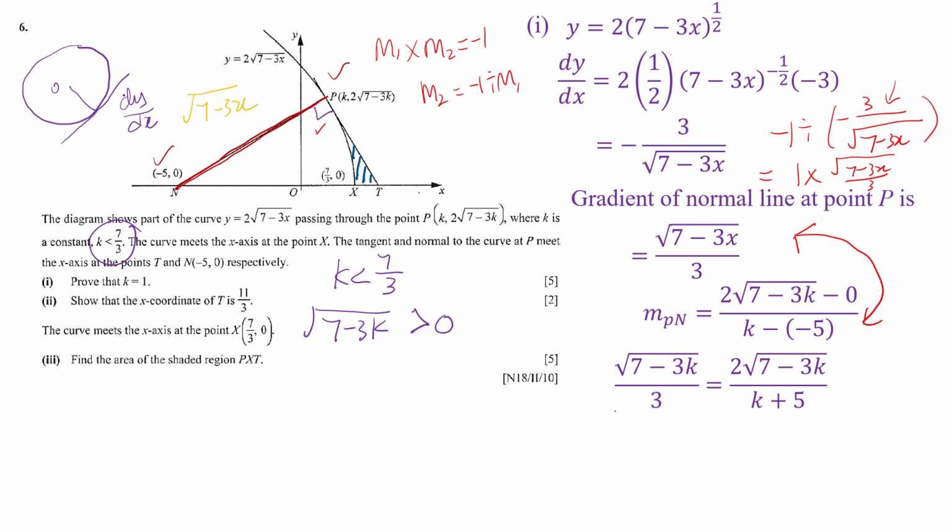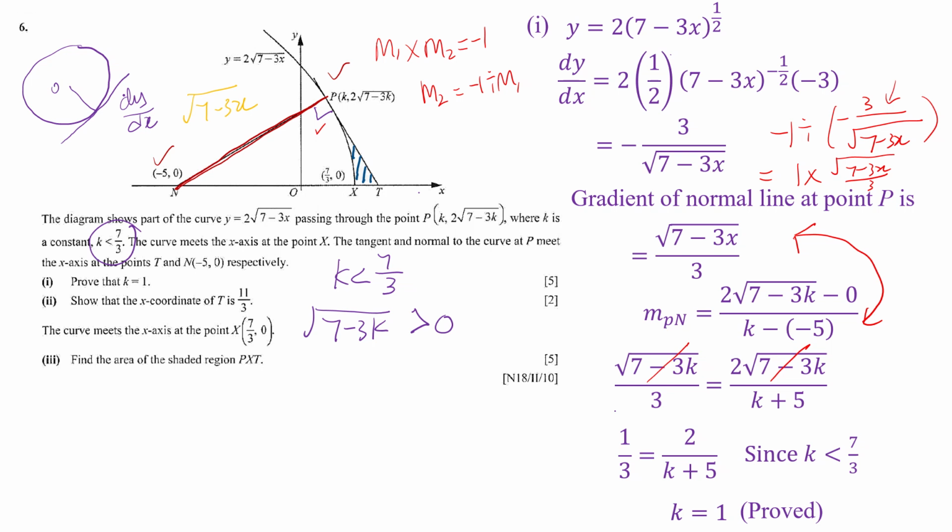So we can just divide it on both sides with square root of 7 minus 3k. And we end up having 1/3 equals to 2 over k plus 5. And we do some cross multiplication, and you will get k equals to 1.